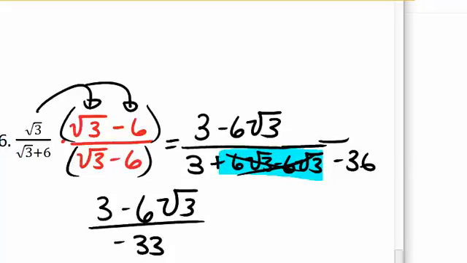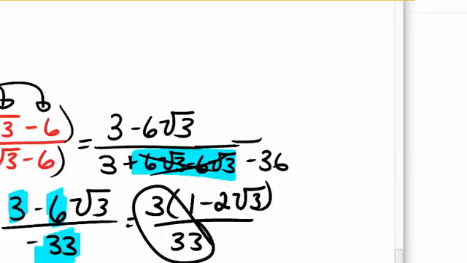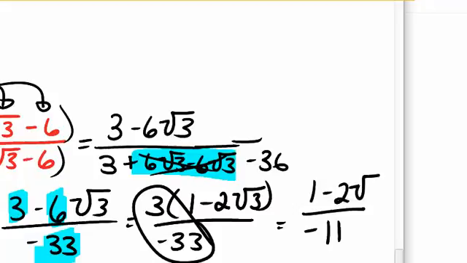And hopefully what you notice real quick is 3, 6, and 33 are all divisible by 3. So if I factor out a 3, I get 1 minus 2 square root of 3 all over 33. So that reduces, and you get, sorry, that should be negative 33, negative 11 in the denominator, and then 1 minus 2 square root of 3.